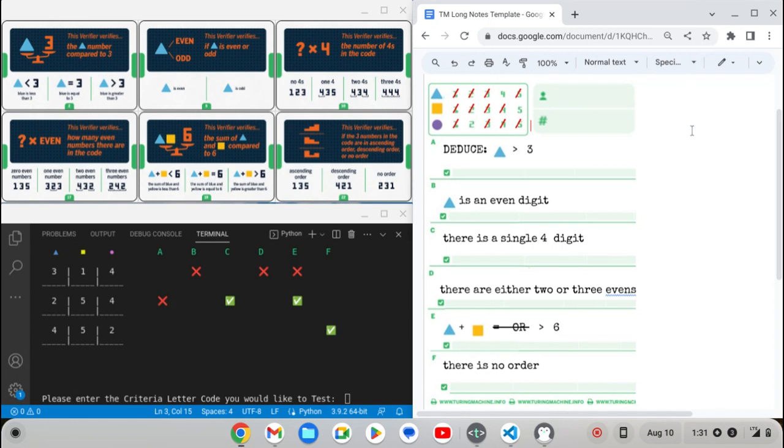Okay, computer's a little bit lagging. All right, let's go verify 452 as a solution.